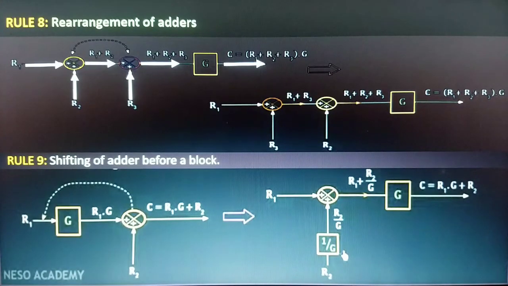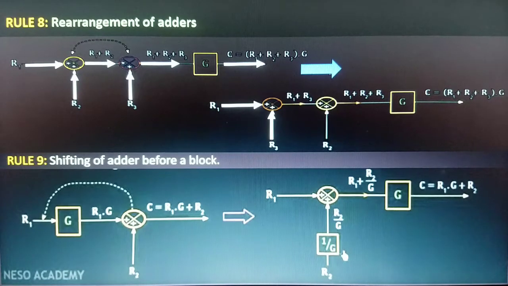Now if you want to rearrange these adders, that is, if you want to shift this adder to the left side and this adder to the right side, then how can we do this? Let us check this out. Consider this block diagram representation in which we shifted the adder to the left side of the right side. Now the first input of this adder is R1, and the second input is R3.